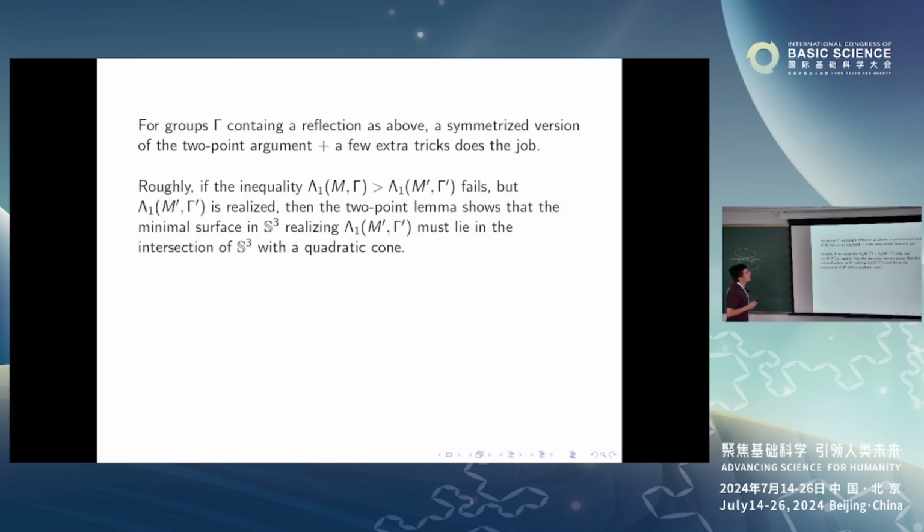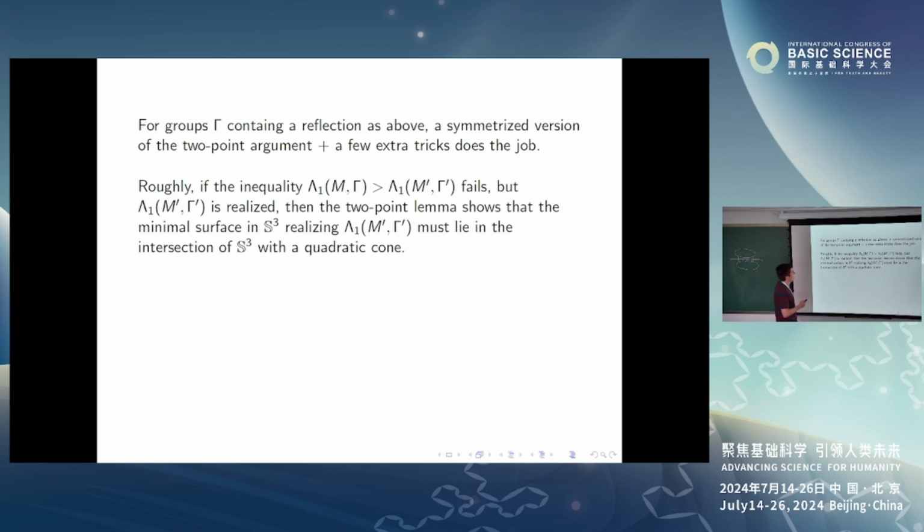So, all right, if this inequality fails, but the latter one is realized, then the same 2-point lemma, now it's a little more restricted because we can't quite choose those points in an arbitrary way. They have to respect the symmetry. But it tells us that for this lower genus surface that we degenerated to, we have a minimal surface in S3 for the reasons I just outlined, and it has to lie at the intersection of S3 with the quadratic cone. That's one way of interpreting this extra map by first eigenfunctions.